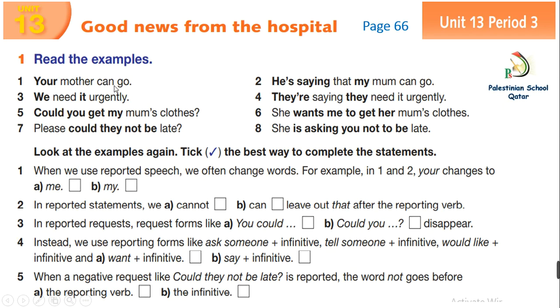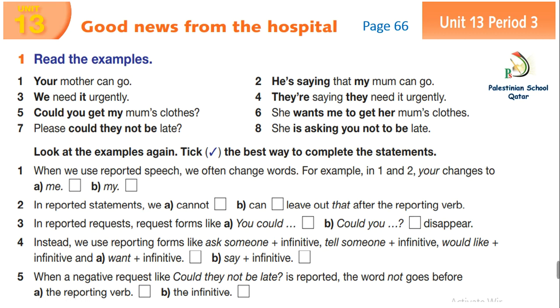"Your mother can go." He is saying that my mom can go. "We need it urgently." They are saying they need it urgently. We change we to they. "Could you get my mom's clothes?"